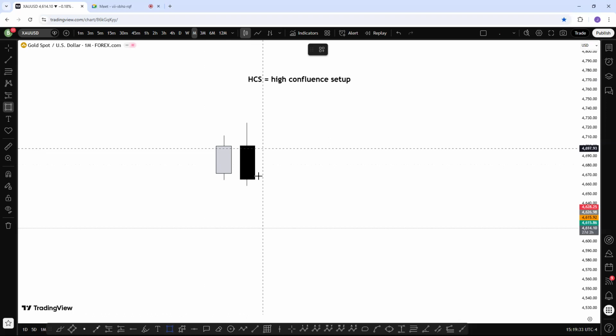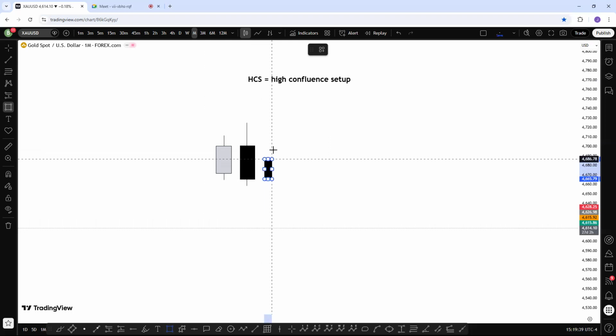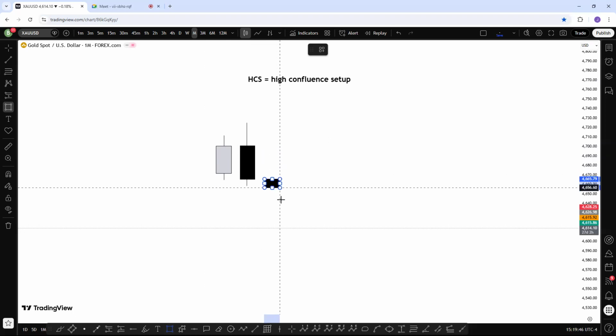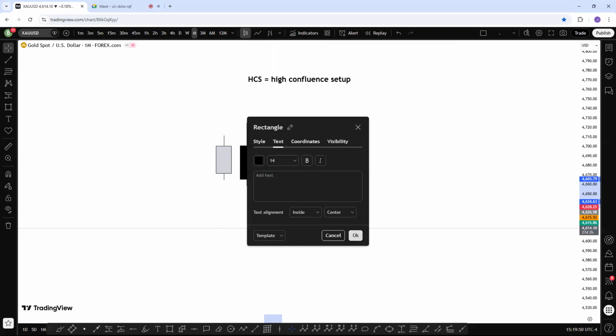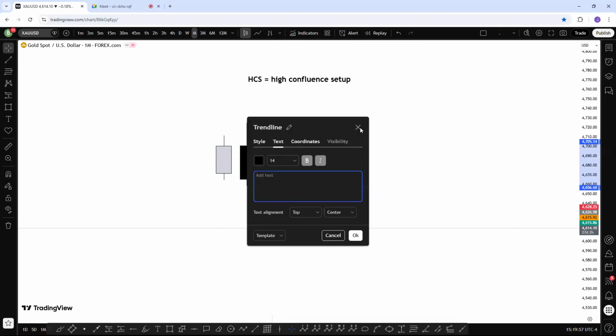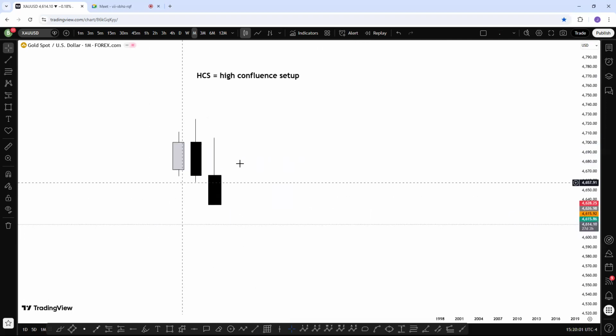For example, if this candle is here, you may see another candle coming back to test this area, and after testing it, it goes down. This is your last area being created. You have a pattern like this.